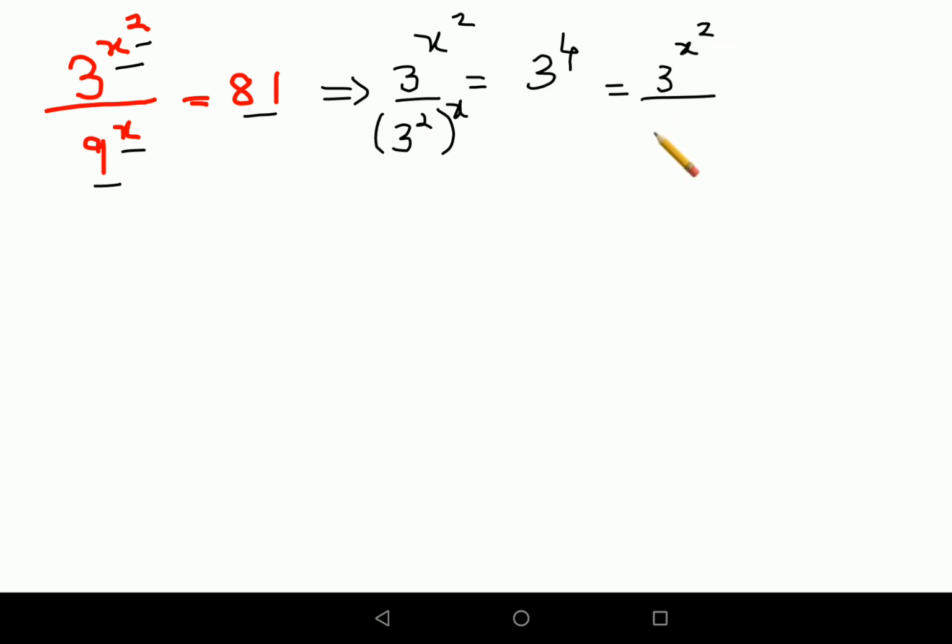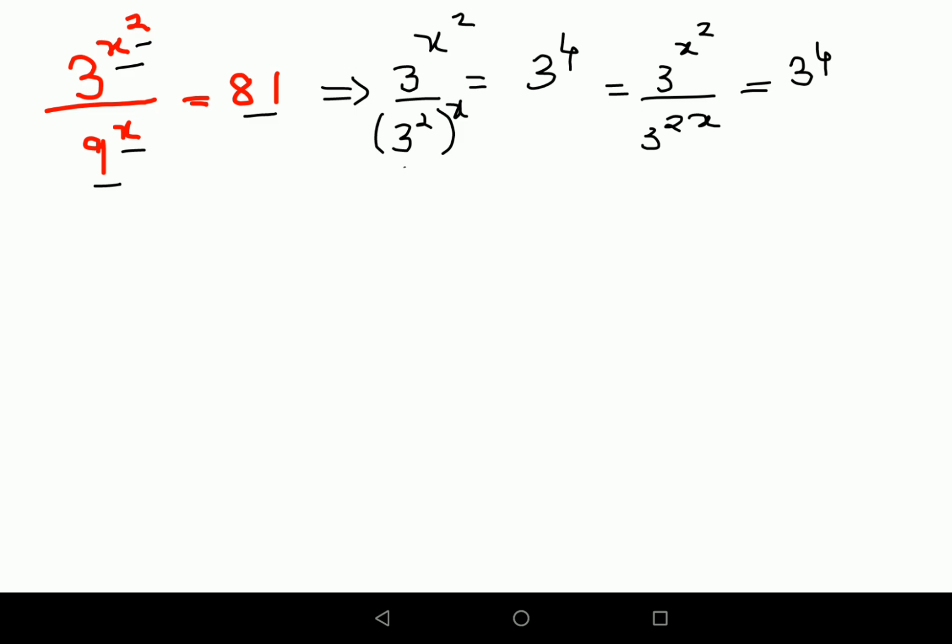And here 3 square the whole raised to x can be written as 3 raised to 2x. Please understand the logic applied: a raised to m the whole raised to n gives you a raised to m into n. And this equals 3 raised to 4. I hope this is very clear.